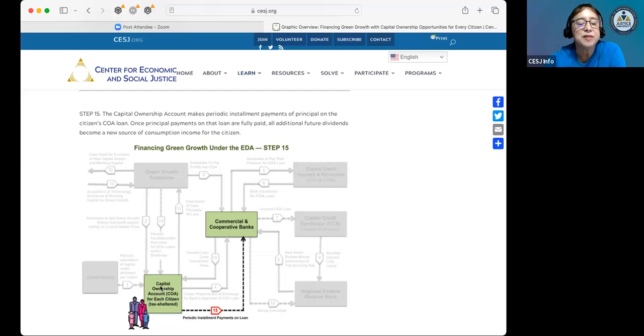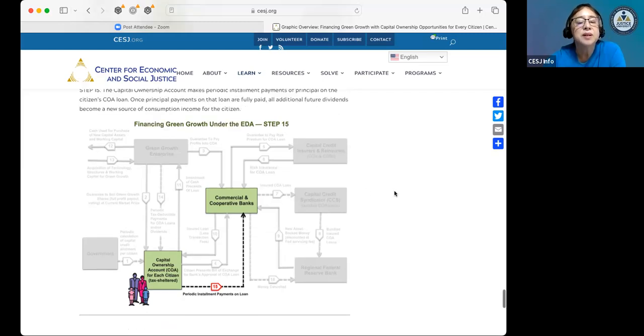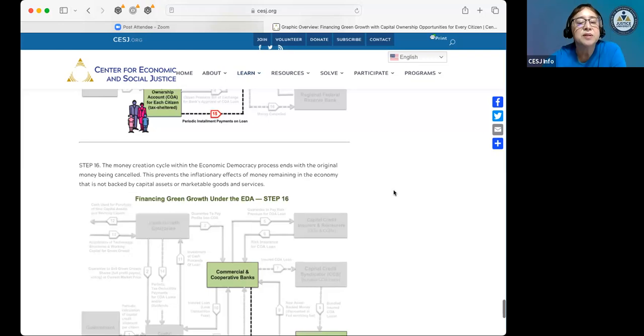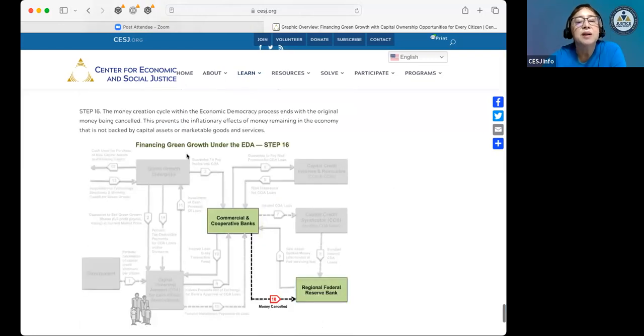This will get paid out of the account. Any dividend income will be paid out to the citizens. And then if they earn over a certain amount, they're going to pay personal income taxes. And step 16. So what we have here with the repayment of the loan, and the commercial bank has to make sure it pays off its promissory note to the regional Fed.